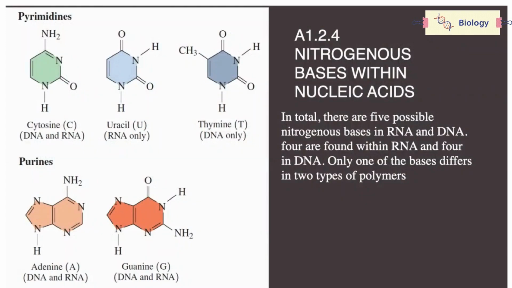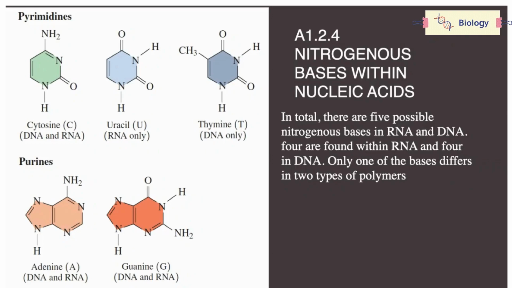Nitrogenous bases within nucleic acids. In total, there are 5 possible nitrogenous bases in RNA and DNA. 4 are found within RNA and 4 are found in DNA. Only one of the bases differs in the two types of polymers, so it may look like some of the nucleotides found in RNA and DNA are identical.